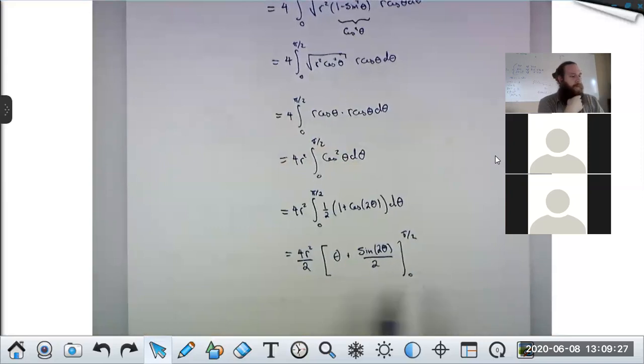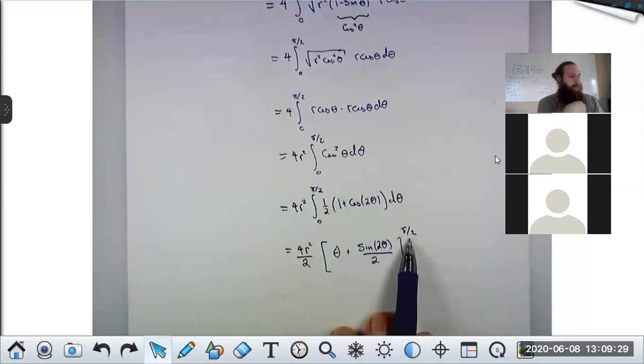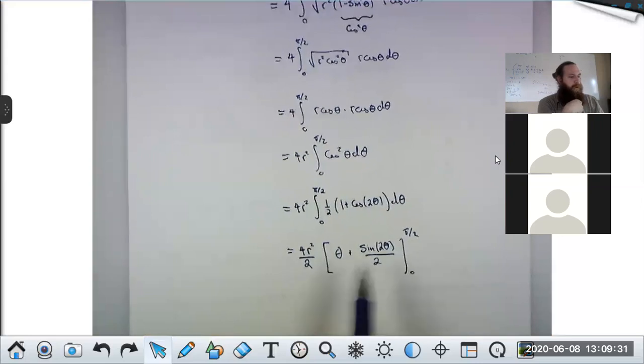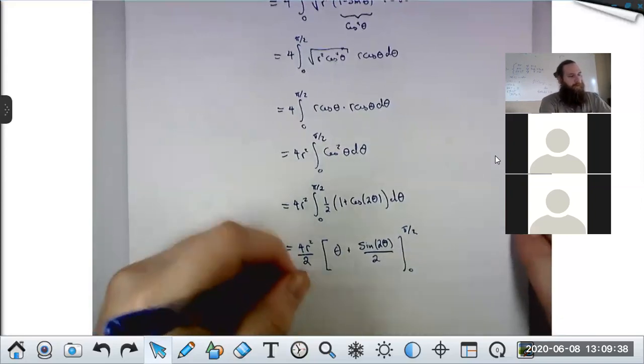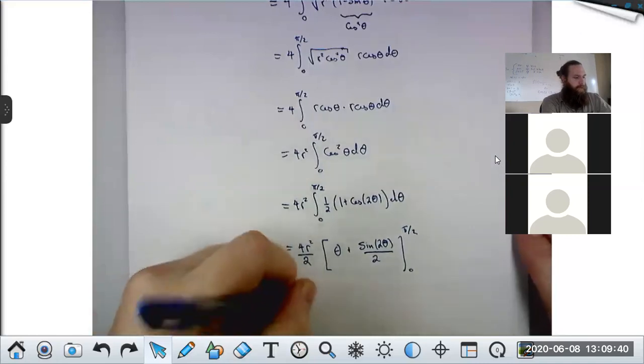At the lower bound, both of these are 0. At the upper bound, this guy is pi over 2. This is the sine of 2 times pi over 2, which is the sine of pi. 4r squared over 2 is 2r squared.